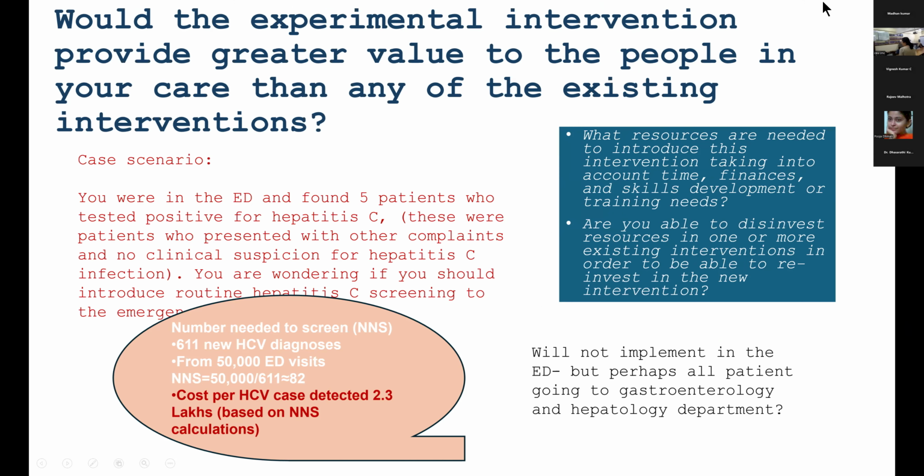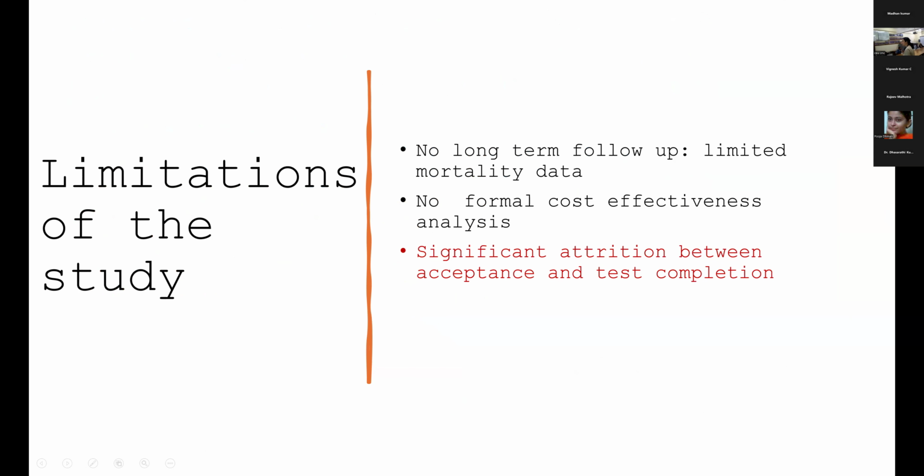I thought maybe all patients coming to gastro or hepat OPD. Then their pretest probability might be more. Even if it goes up from 3 to 5% or 6%, that number comes down. Even 3.5% is, I think, 1.6 lakh as opposed to 2. So in that case, would you be willing to change that?